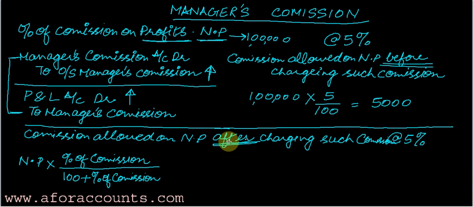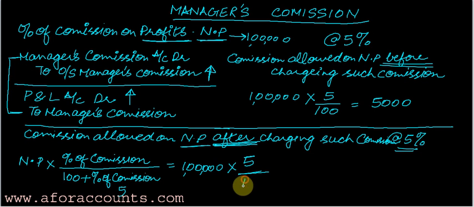Because it is after charging and you have still not charged any manager's commission, and you have already arrived at the net profit, you will have to do an adjustment in the percentage to arrive at the correct figure. Now it will be 1 lakh into 5% upon 100 plus 5, that is 105.